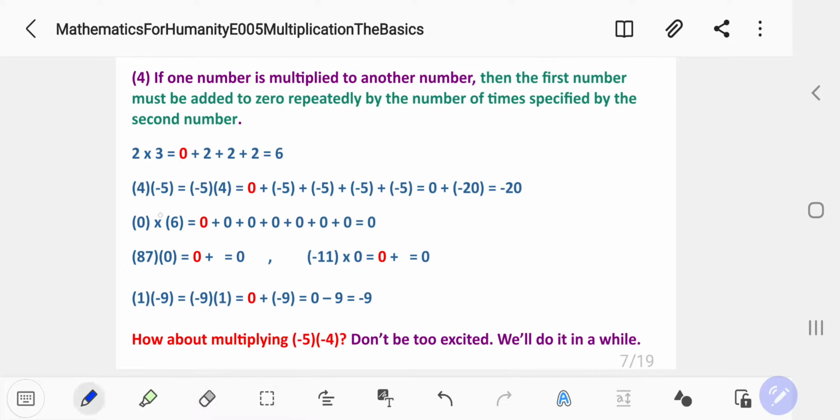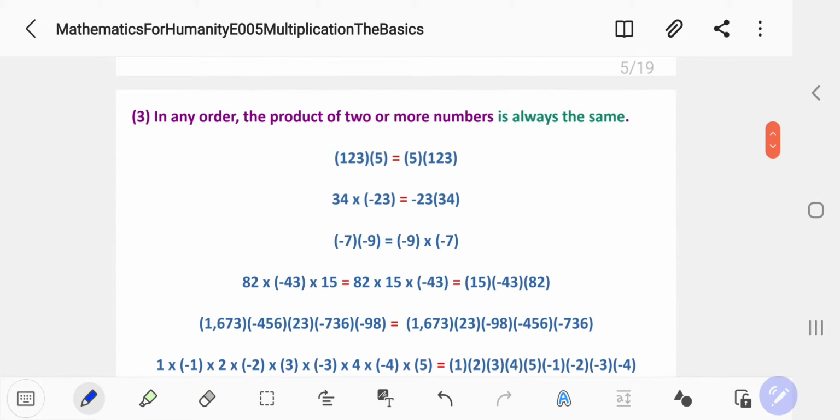Now for the second one, you have 4 times negative 5. That is also negative 5 times 4, because the order you can interchange as we presented in rule number 3.